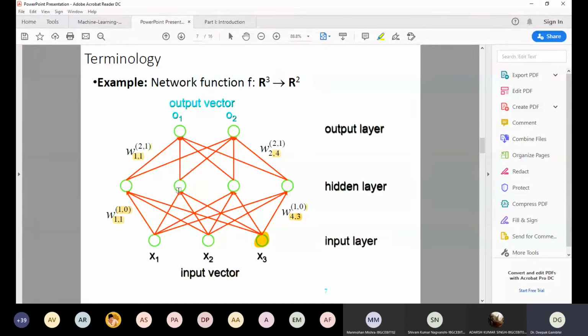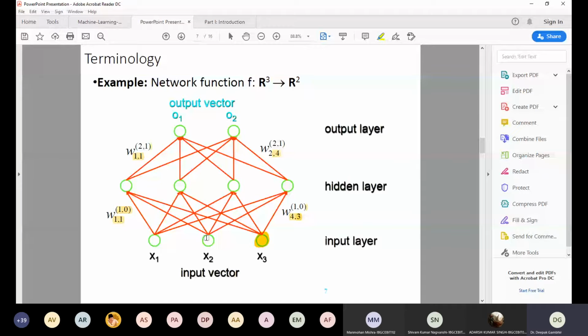I will write the weight as W21, that is the second hidden unit and the first input unit. Similarly, for the first hidden unit coming from the second input unit, I will write W12. First hidden unit it is going to, and coming from the second input unit.